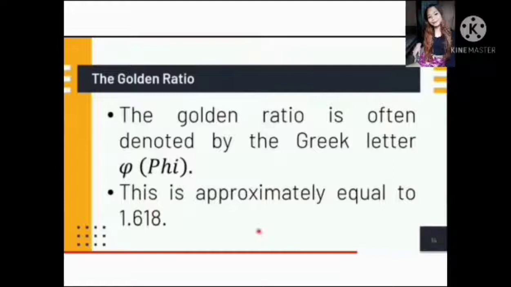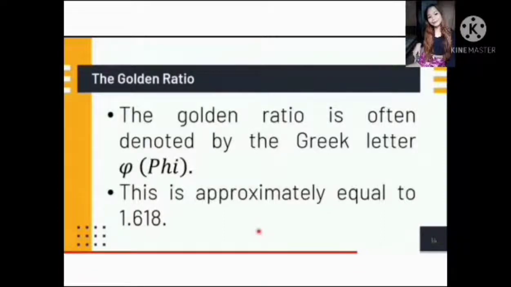Okay, another one we can relate is the golden ratio. It is also related to the Fibonacci sequence. So, ano ba yung golden ratio na yan? In this video, we are going to talk about the mathematics. The golden ratio. The golden ratio is often denoted by the Greek letter phi.